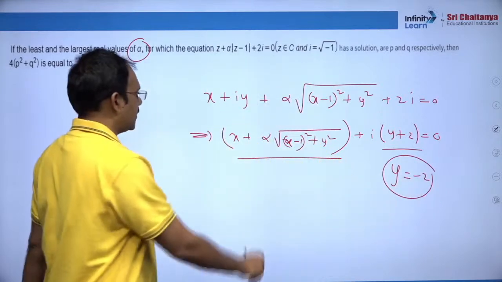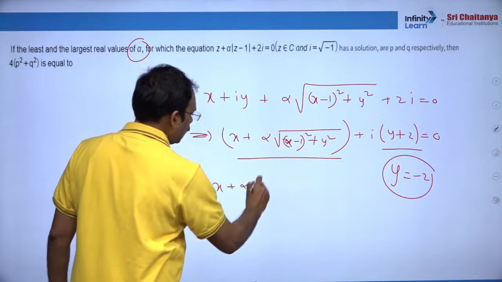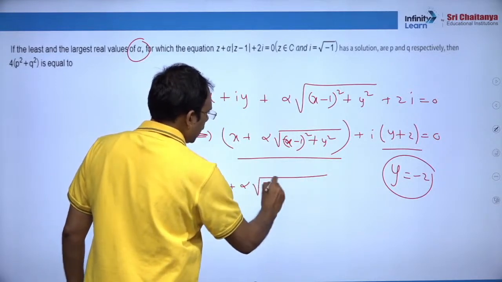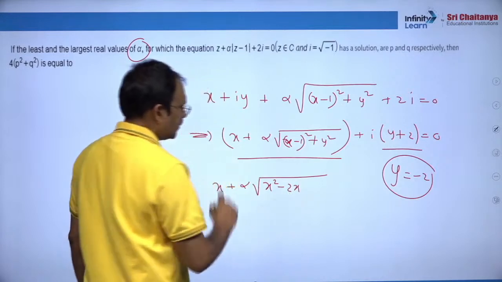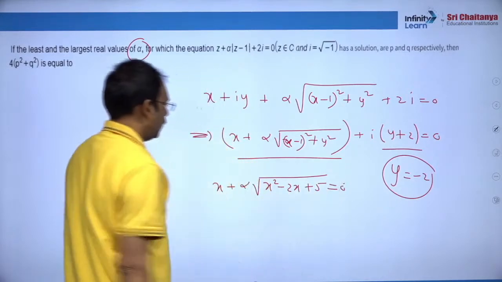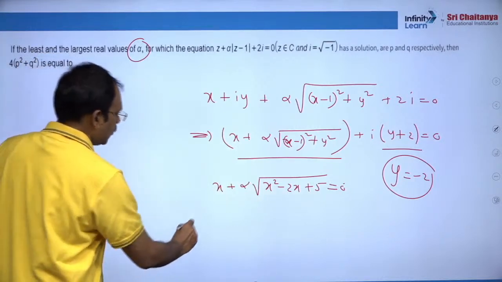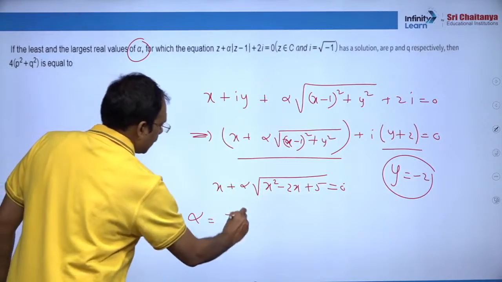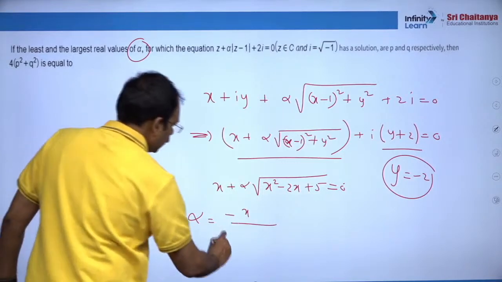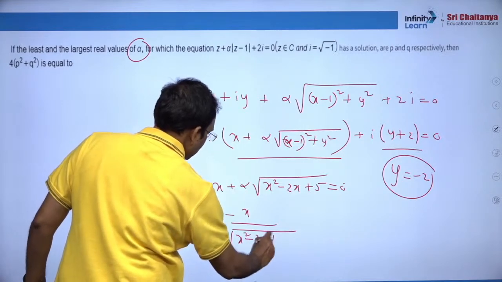Once y is minus 2, my dear friends, you will get x plus alpha into root of x square minus 2x, you can see 4 plus 1, 5, must also be 0. From this, my dear friends, you can say alpha is going to be, I can say, minus x by root of x square minus 2x plus 5.